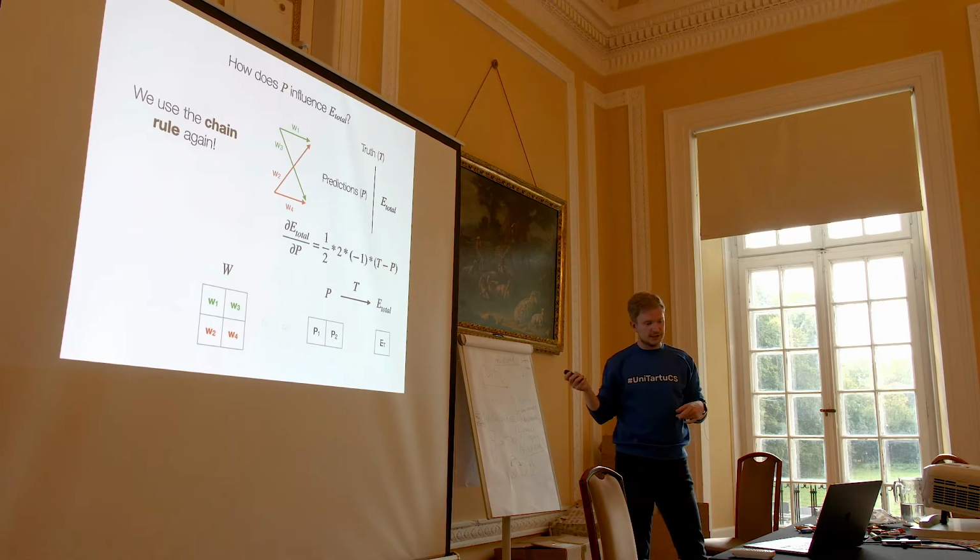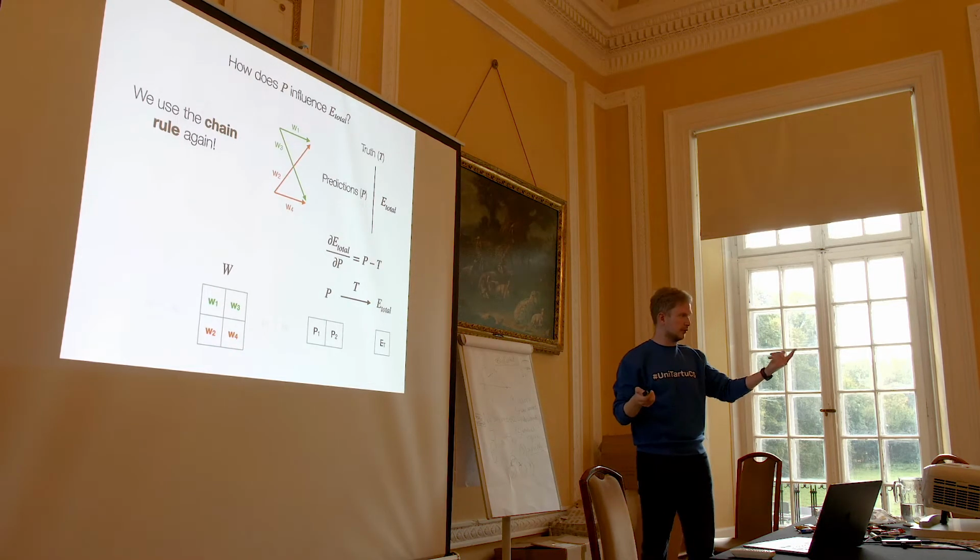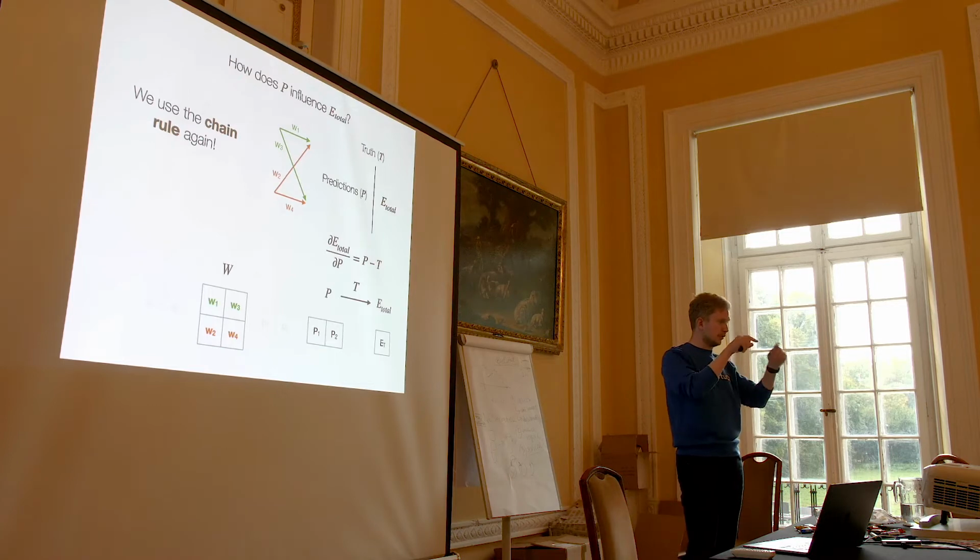If I calculate this derivative, it's going to be 1/2 times 2 times minus 1 times t minus p, and it's going to be basically p minus t. We have the same thing, we just did it on an individual value basis. Now we do it on the matrix basis.